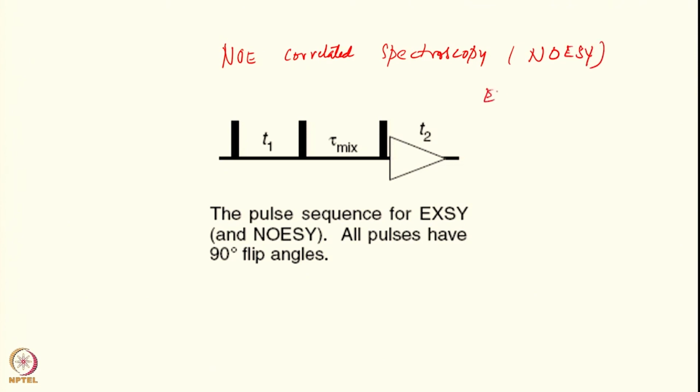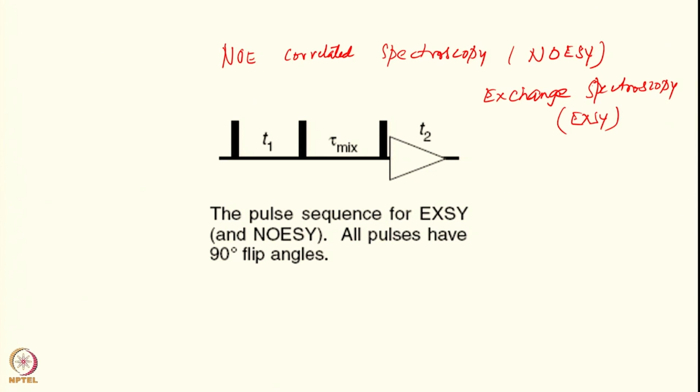It is also called exchange spectroscopy because the mechanism of transfer, although it is through exchange, the appearance of the peaks will be the same. Exchange spectroscopy is called EXSY. The spectra appear in the same manner, the pulse sequence is the same for both, and you will get both kinds of information in this spectrum.